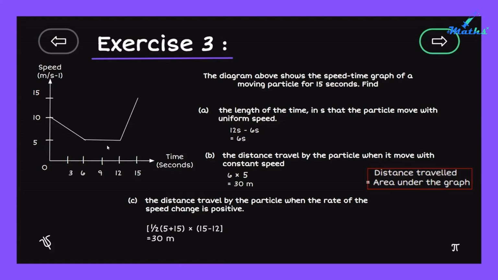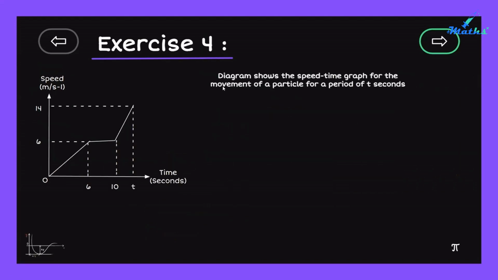So 1/2 times (5 plus 50) times (50 minus 12), which gives 3. So the answer is 30. And next, exercise 4.